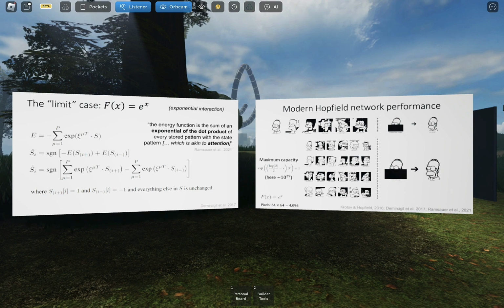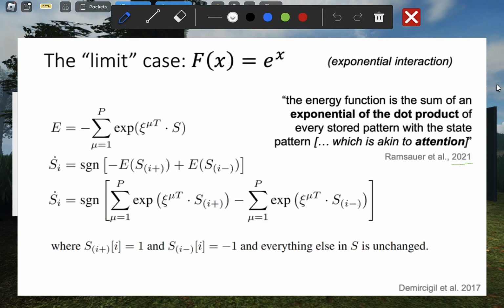So without even going through all these equations, you can just read this quote in the top right, which is from the paper in 2021, which made the fairly formal connection between at least the spiritual essence of modern Hopfield networks and the attention mechanism of the transformer, in particular where f equals the exponential, and this implies an exponential interaction between all of the neurons, which is unrealistic.